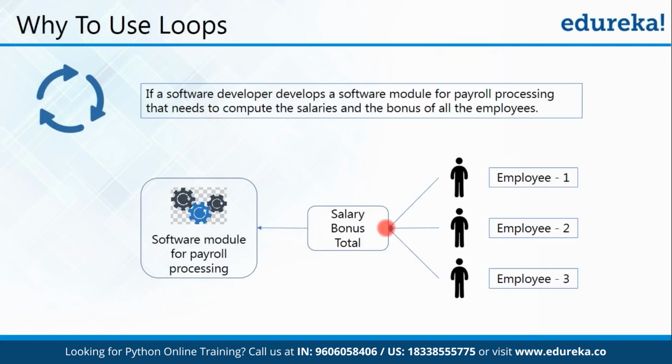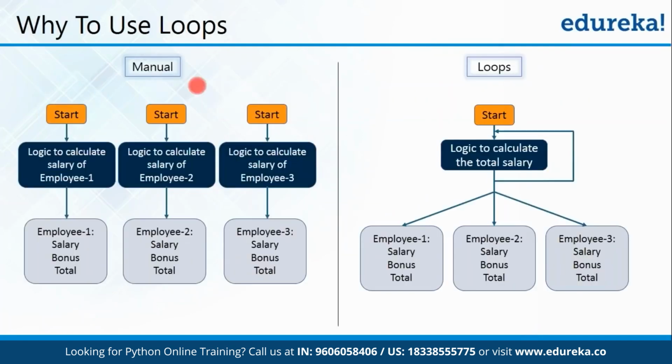Now there are two ways of executing this task. One way is you can write a logic to calculate the total salary of each of the employees, including all the fields like salary, bonus, and total. And you are going to write that logic for all the employees in your office. There might be hundreds of employees, so you need to write the code for all of them.